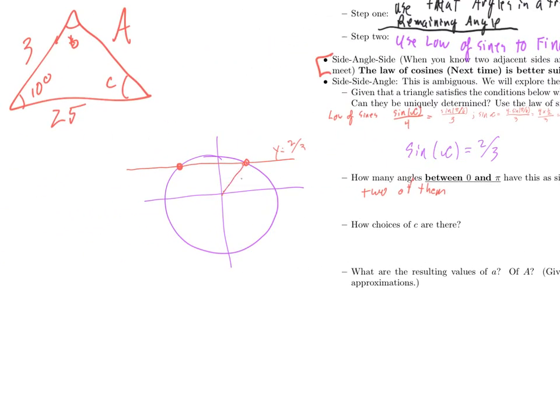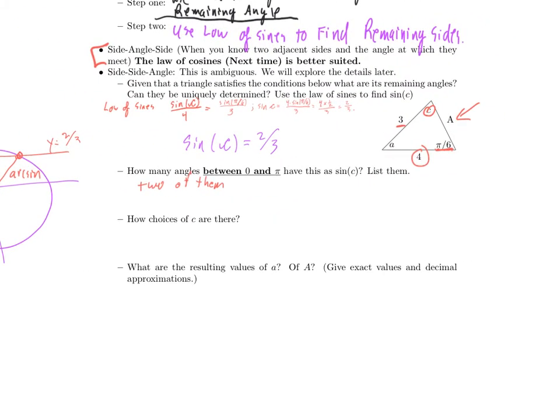This one is given by arcsine. This one is given by pi minus arcsine. So there are two such angles. One of them is inverse sine or arcsine of 2 over 3. The other one is pi minus arcsine of 2 over 3.